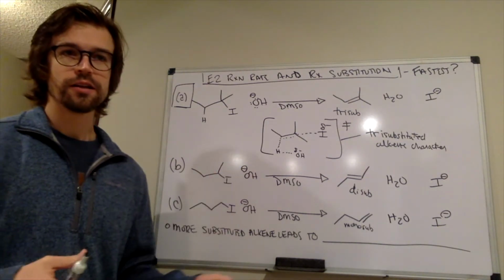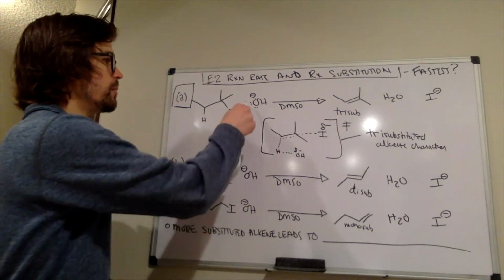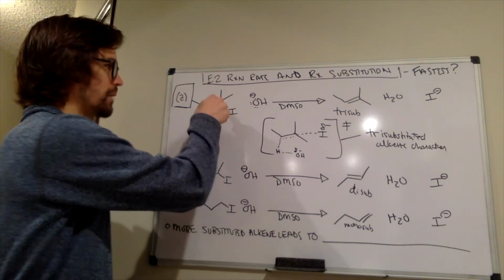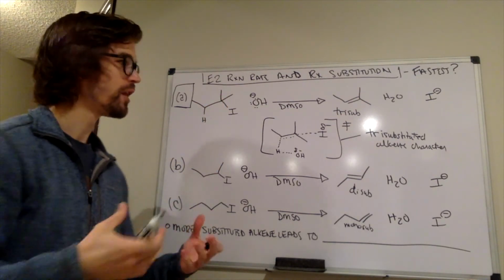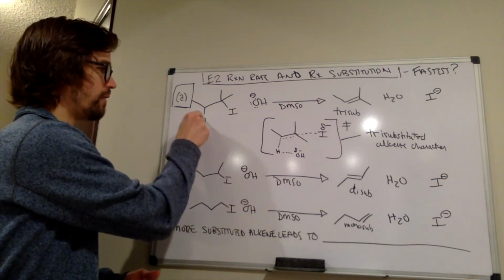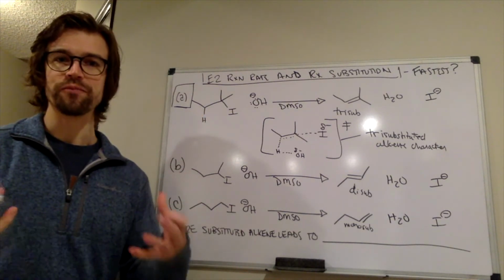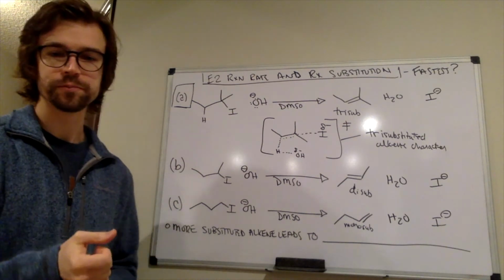But here, the more substituted makes it more challenging to do SN2 because the OH minus has a hard time getting to the antibonding orbital of the carbon iodide bond when it's more substituted. But we don't have to do that in E2. We're getting to a far out hydrogen. That is easier to access, so that allows E2 to still happen.